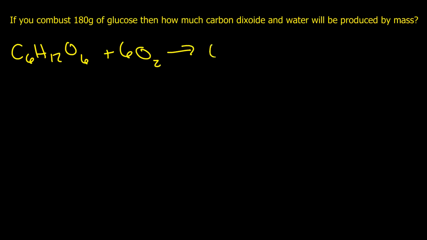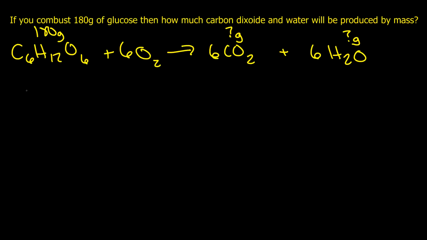That's going to yield 6 carbon dioxides and 6 waters. So we got 180 grams of this sugar. We're looking for grams of carbon dioxide and grams of H2O. So we're going to have two separate strings this time. We got two separate answers. So let's just figure out the first one.